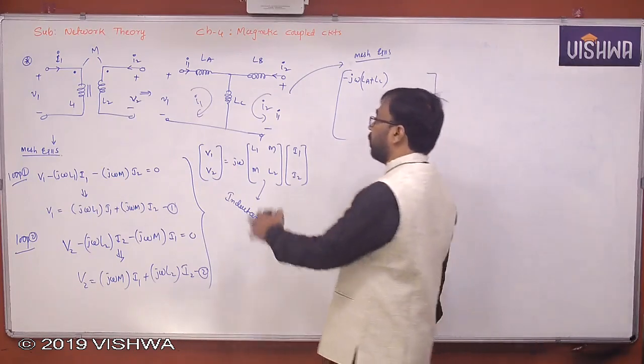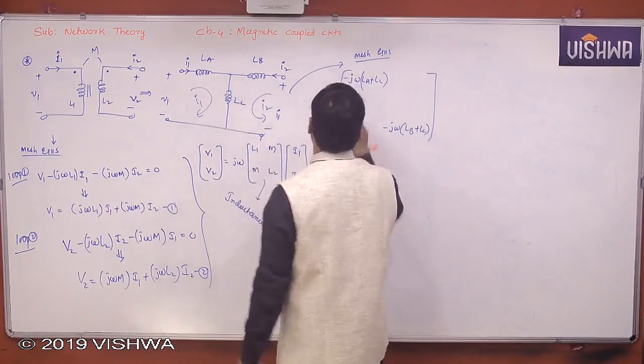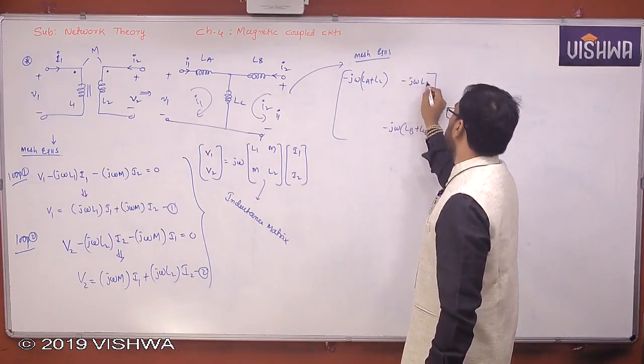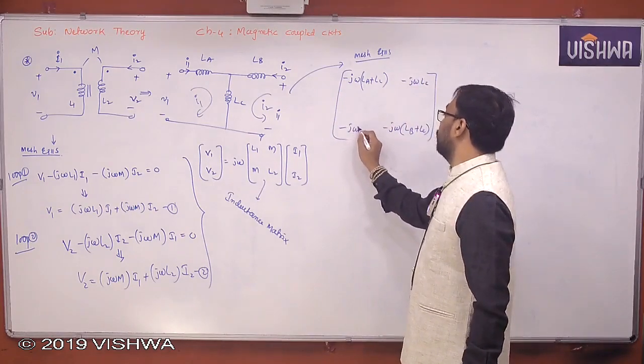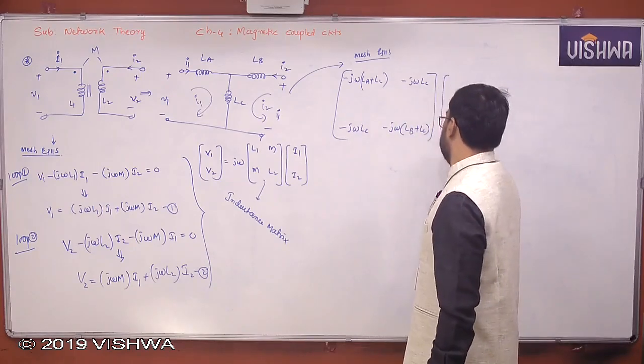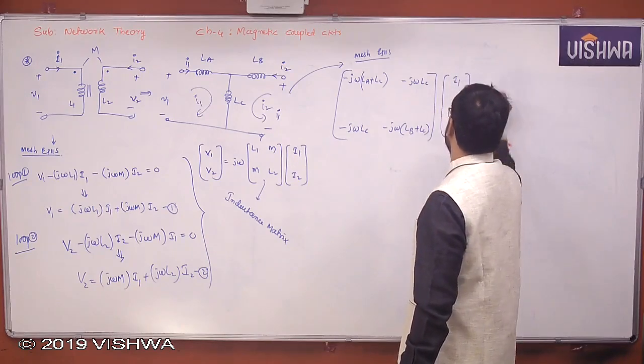How are the loop currents flowing in the common element? Downward, and this is also downward, same direction, same sign as diagonal element. So J omega LC. This is same, first row second column, second row first column, LC. This is I1, I2. I'm writing in complex form.